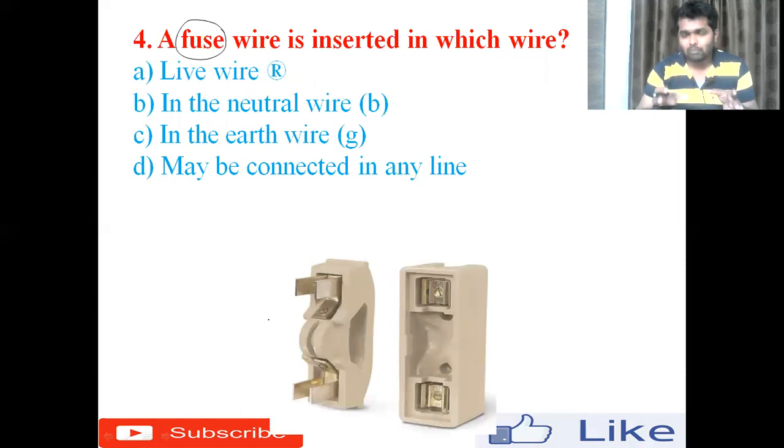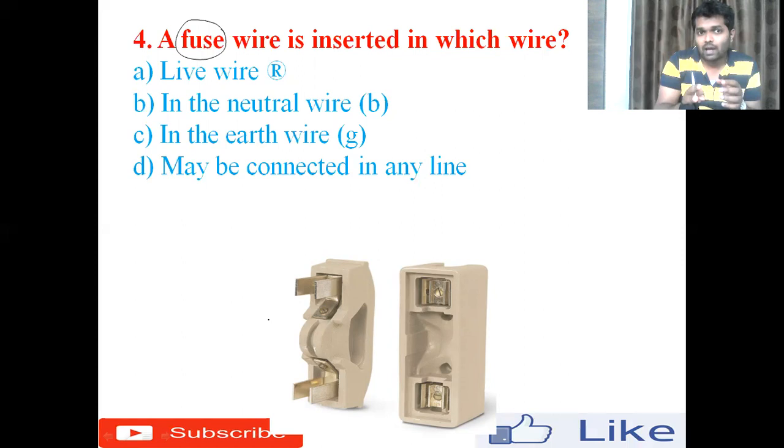The meter board is the place where the current will enter from the external circuit, right? Where there is a fuse, it will act like a security guard. Just as security is required for a school or an apartment, in the same way the fuse acts like a safety device.